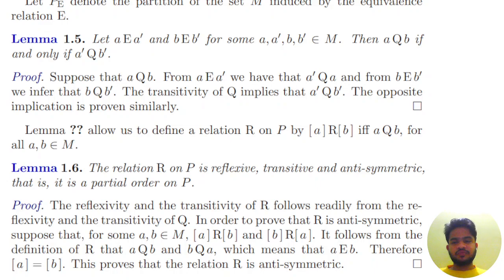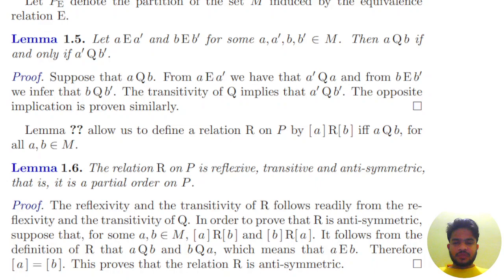Let us understand the proof. Suppose that A is quasi-ordered below B. From A equivalent to A dash, we have that A dash is below A, and from B equivalent to B dash, we infer that B is below B dash. The transitivity of Q implies that A dash is below B dash. The opposite implication is proven similarly.